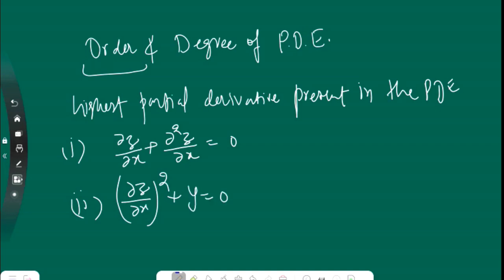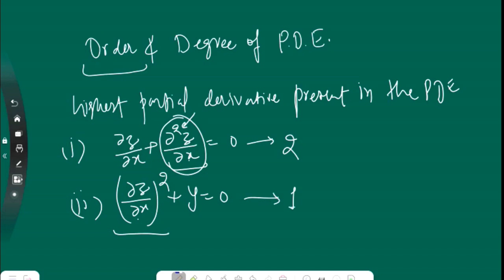So what will be the order of this PDE? It is 2, because the maximum number of times we have differentiated with the variable is said to be the order of the PDE. Here we have differentiated 2 times with respect to x. So it's 2, and in this case we have differentiated only 1 time here. So 1 is the correct answer.